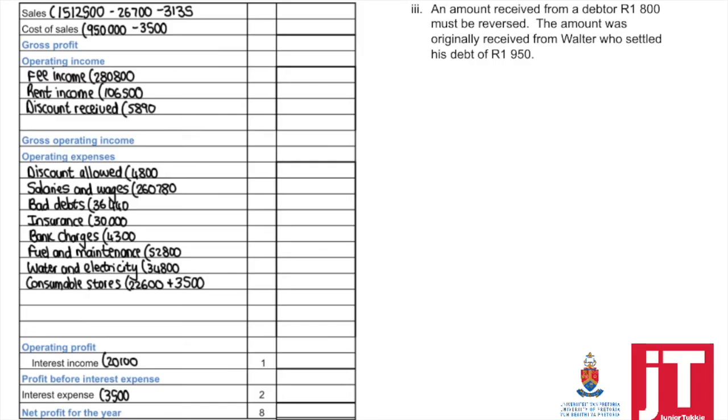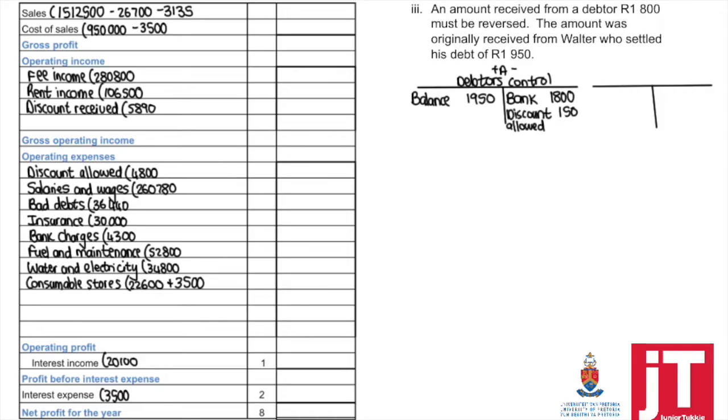Next adjustment. An amount received from a debtor, 1,800, must be reversed. The amount was originally received from Walter, who settled his debt, 1,950. So if I'm looking at what is happening here, his balance was 1,950, but he paid 1,800. This means discount was allowed, and the difference is 150.